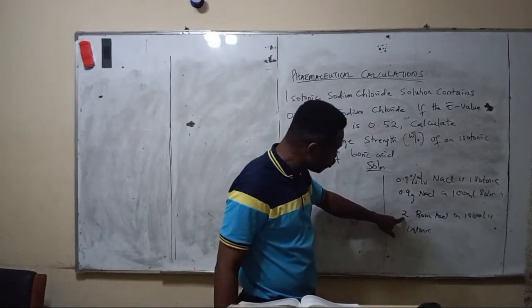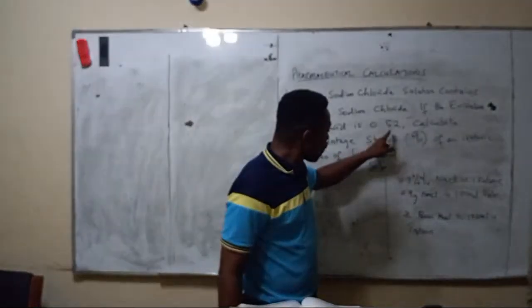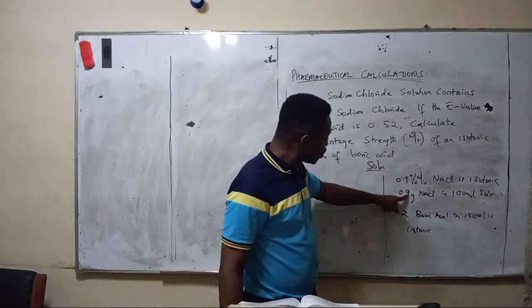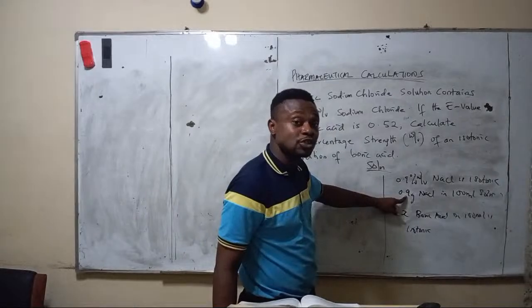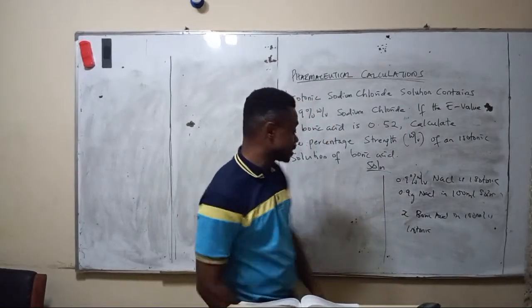It will give us what this X means. So we use this to convert this 0.9 gram of sodium chloride to boric acid. It will give us the value of this X.